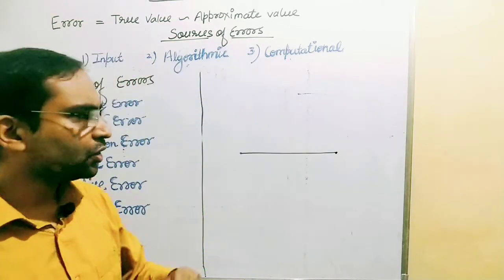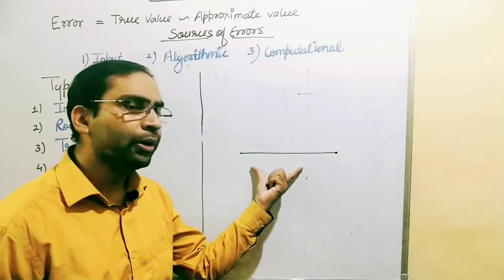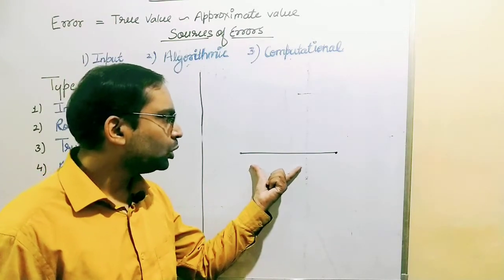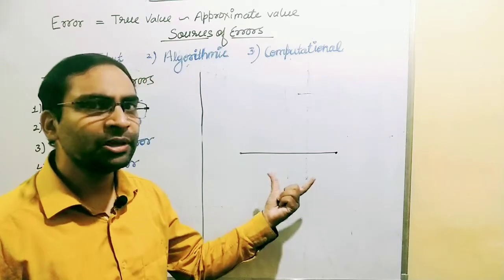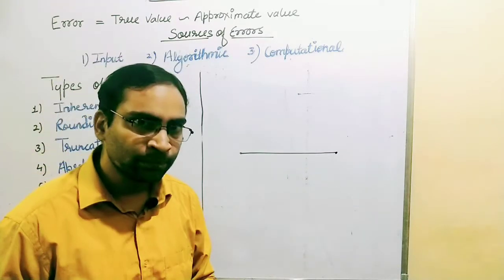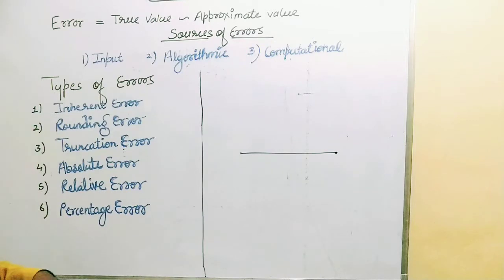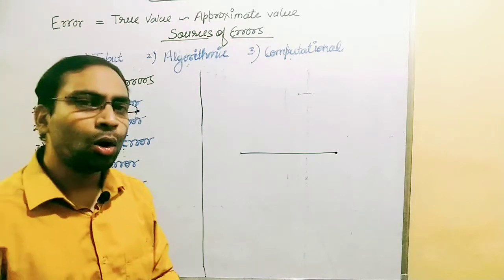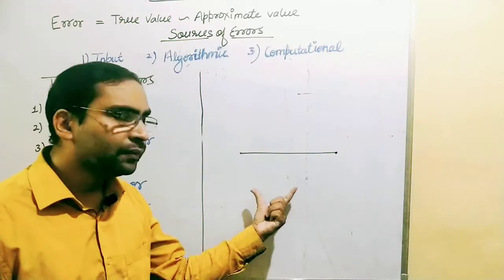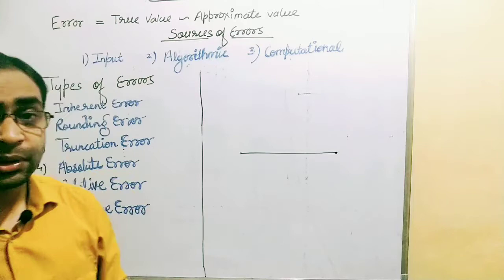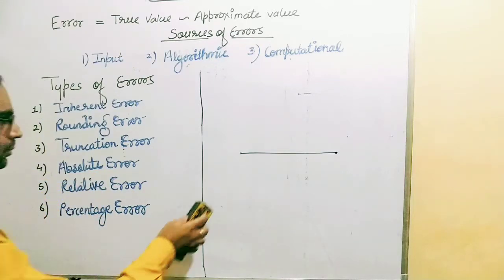Just because of the limitations of the instrument, we will be able to measure to the precision of centimeters only. Because of this, inherent errors will occur, and this error will continue in further computations. So this is called inherent errors.